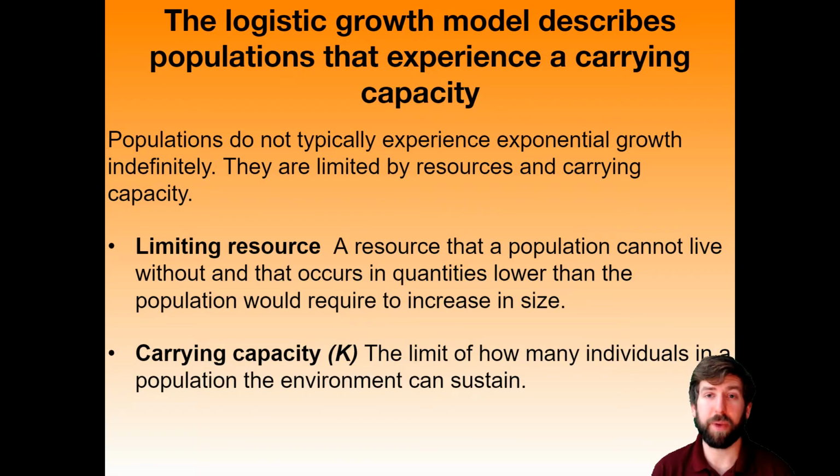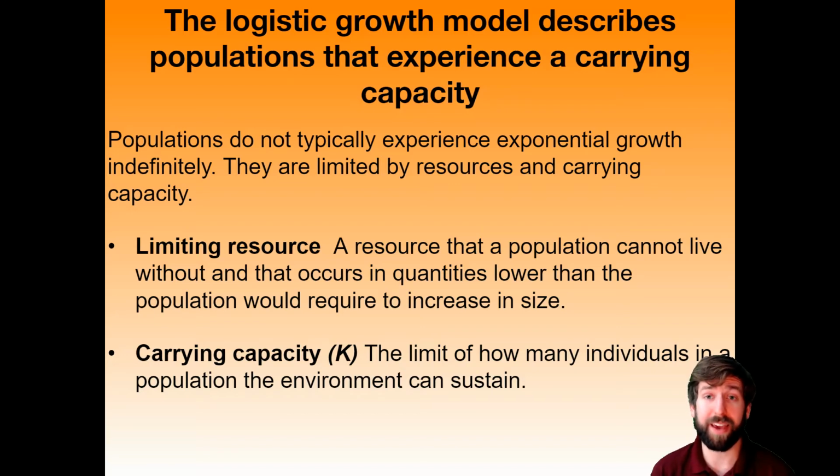Now the thing about exponential growth is that it does occur, but it doesn't last forever. We don't live in a world of infinite resources and infinite space. So we call these limiting resources at some point, right? Resources that a population cannot live without and occur in quantities lower than the population would require to increase in size. They are literally limiting the population.